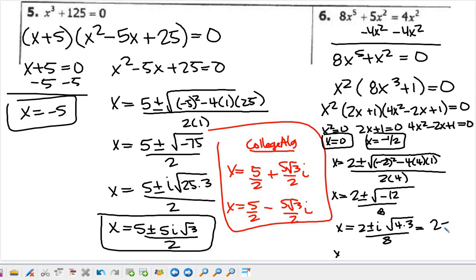So we have 2 plus or minus 2i square root of 3 over 8, which gives me, everything can factor a 2 out, so 1 plus or minus i square root of 3 over 8. Again, I will accept this answer. College algebra is going to want you to break it apart, okay? Just kind of bear that in mind.